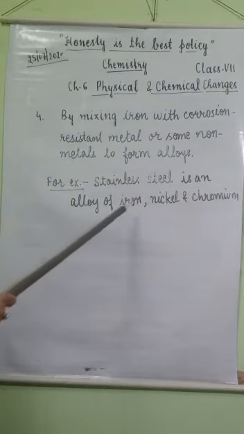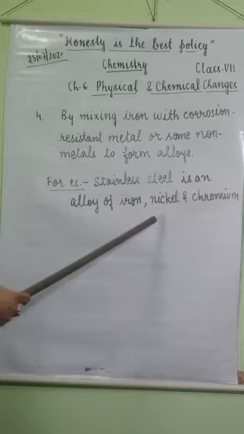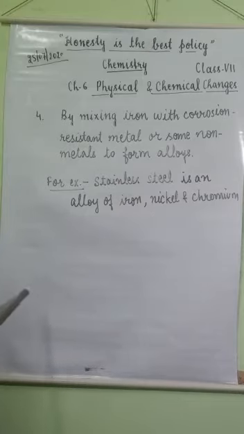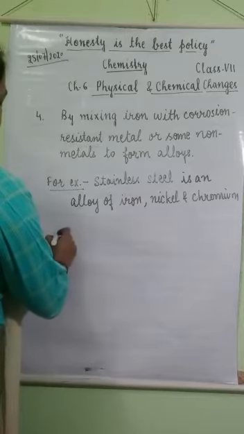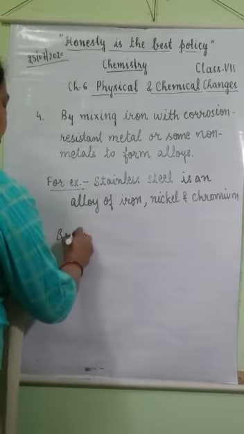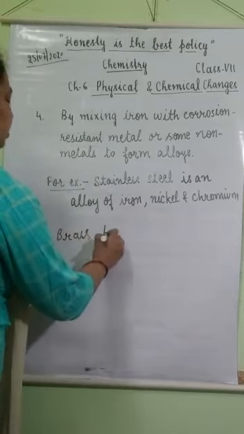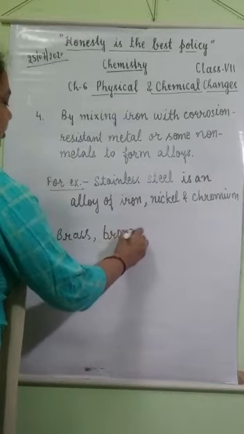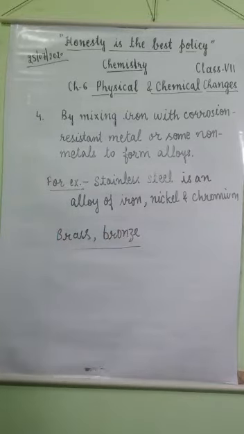Stainless steel consists of some part of iron, nickel and chromium. In this way there are many types of alloys made up of iron and other metals, like brass and bronze. All these are alloys.